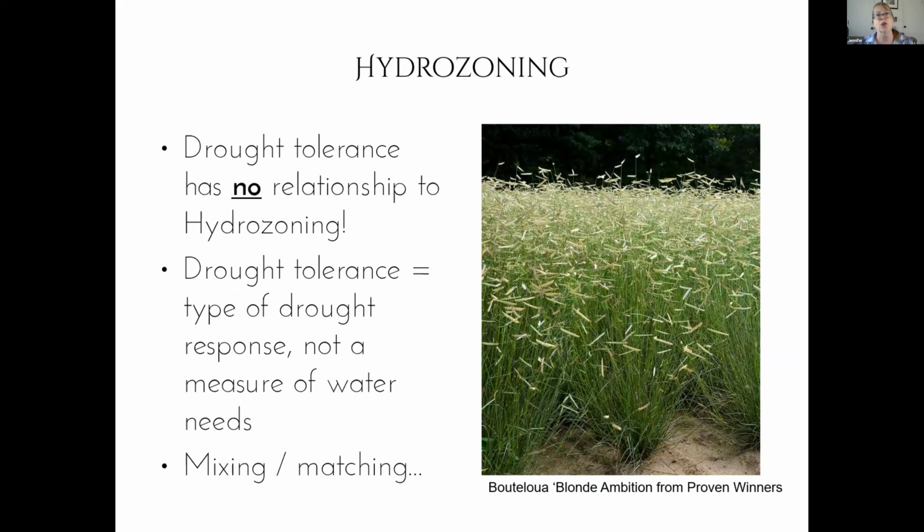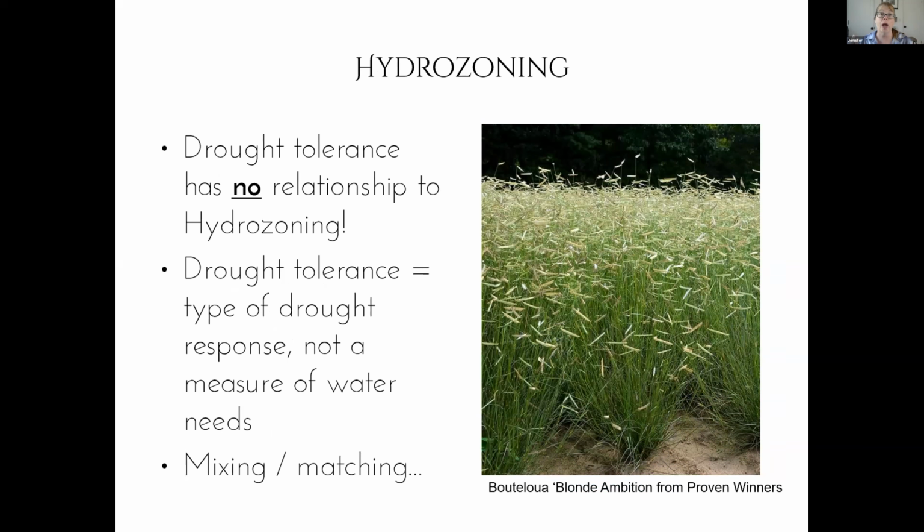Now, hydrozoning is the technical term that landscape professionals use to talk about putting plants with the same water needs together so that when you water a space, they all get the right amount, they all get the same amount, and they're all happy with that. So that usually has a relationship to your irrigation system.